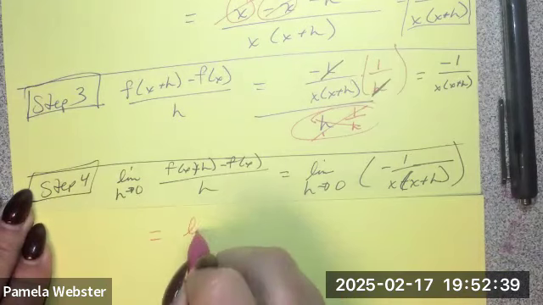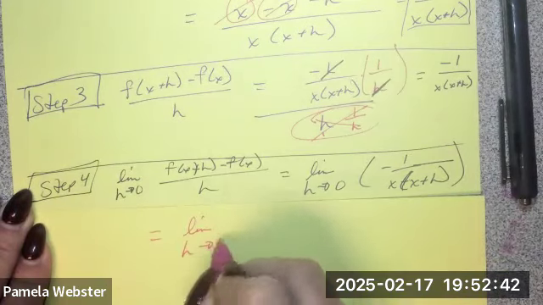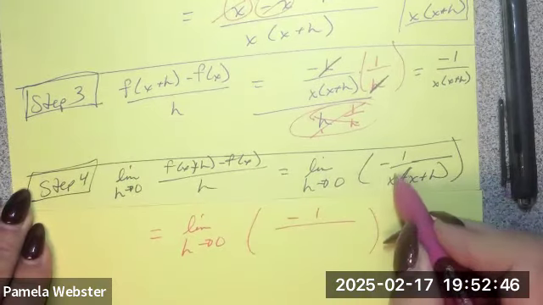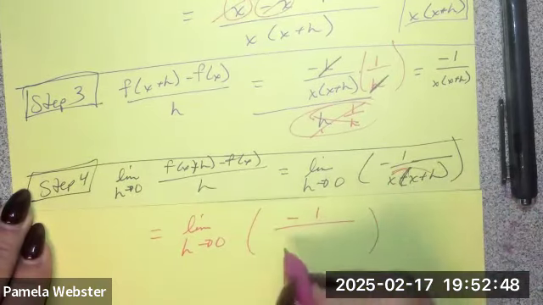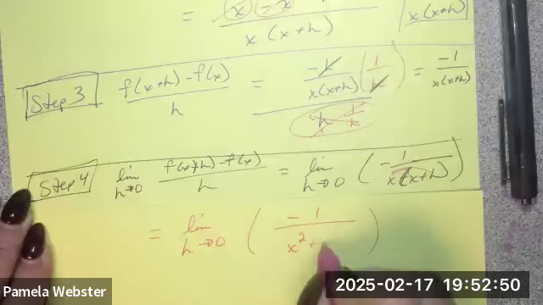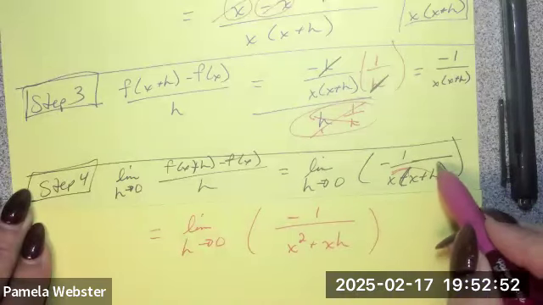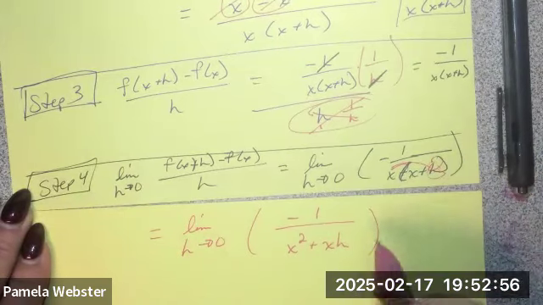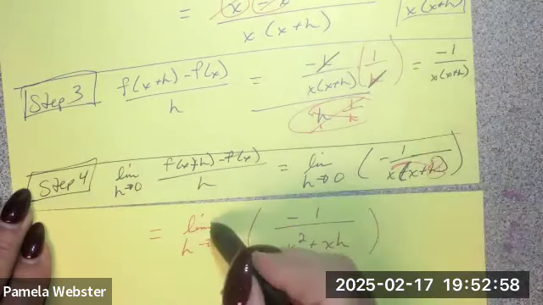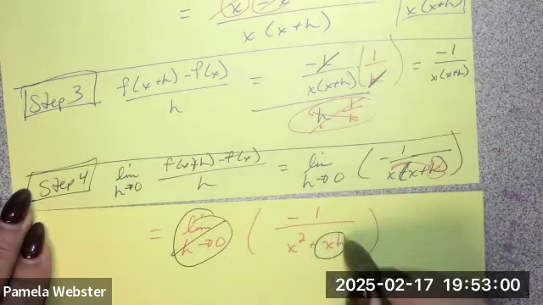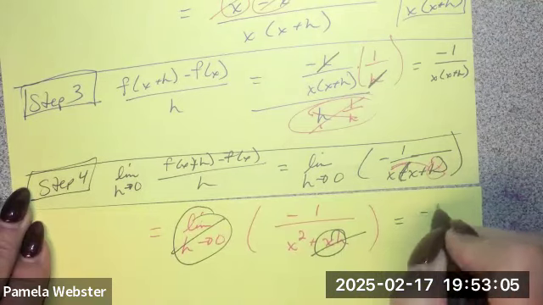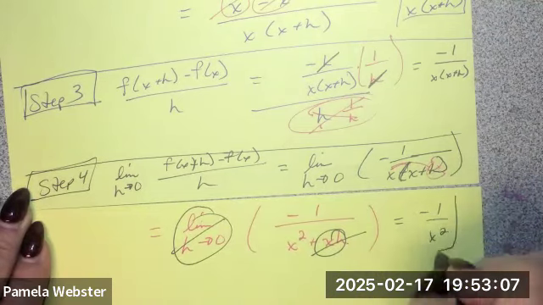So I'm going to say this is the limit as h goes to 0 of negative 1 over, and I'm going to distribute that x through to make it prettier. x squared plus xh. You could do it here and it would be fine, and then you just have the x squared. But I like seeing it there because when I take this limit, that term goes completely away, okay? And you're just going to get negative 1 over x squared.